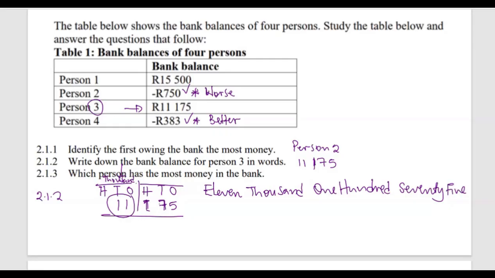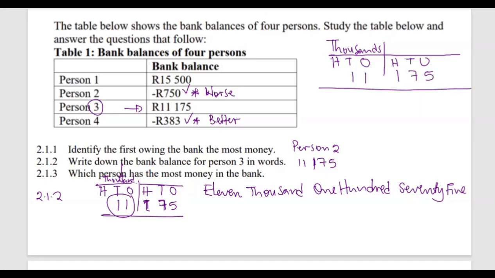All right, another way you would have done it is to say, let me see, we have 1,000, then the normal ones, so this is 11,175.